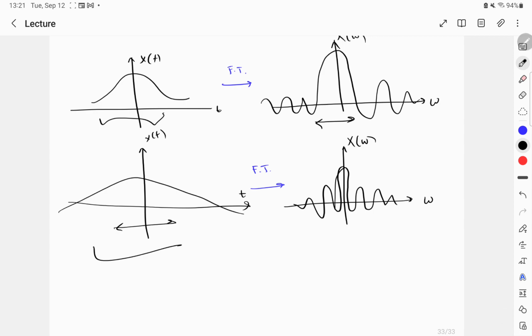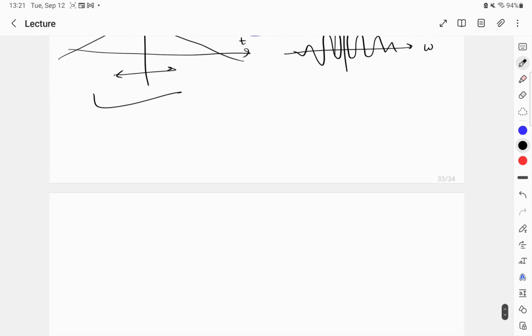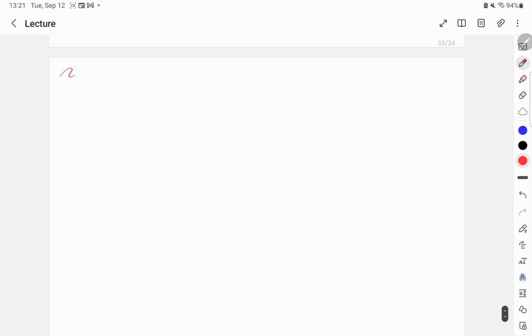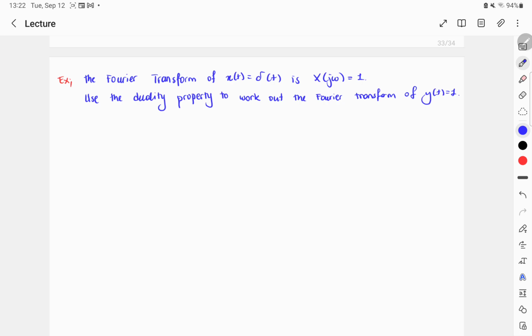Now let's look at duality. What is duality and how can we use it in the Fourier transform? Let me illustrate all this in an example. We have an example saying that the Fourier transform of the signal x in the time domain, a delta function, is 1.